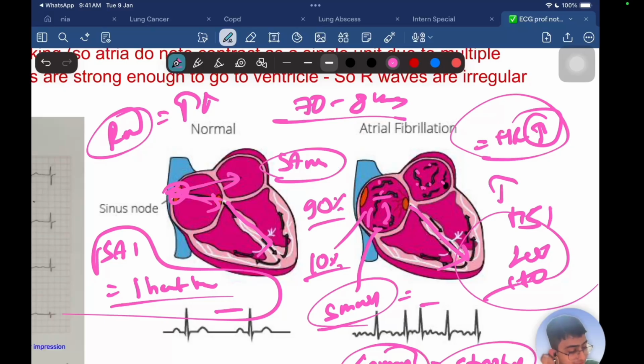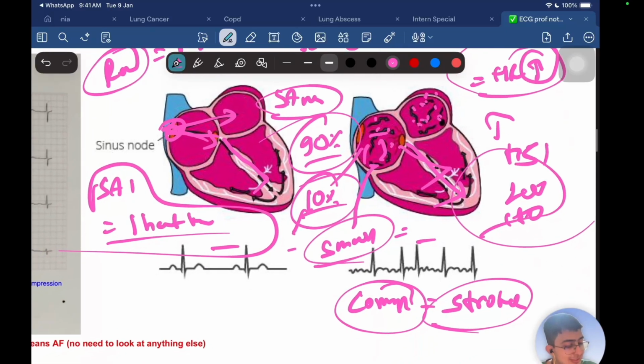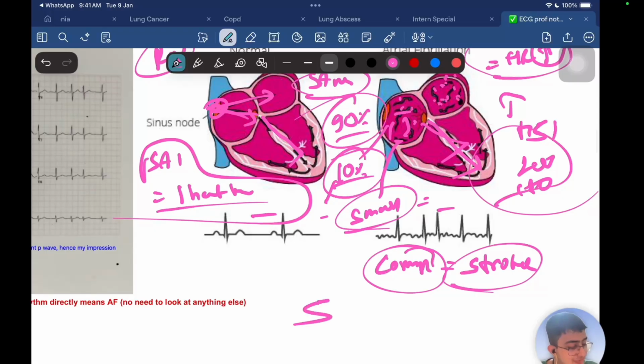But in this case, there are multiple small sources of signal, so only about 10% are strong enough to go. So for every, say, five signals, there might be one heartbeat.